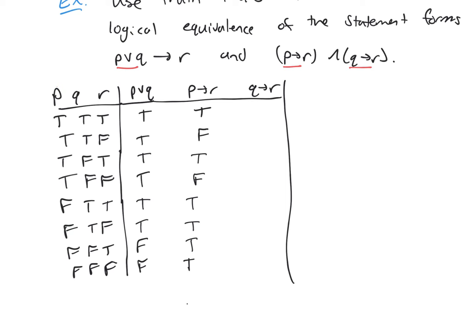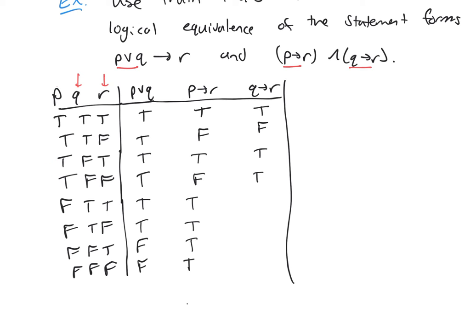Now let's look at if Q then R. So you're going to look at the Q column first, the middle one, then R, and go across. So they're both true, which means it's true in the first row. A true and a false is false. Now the next 2 rows here, your hypothesis is false, which means it's automatically going to be true.